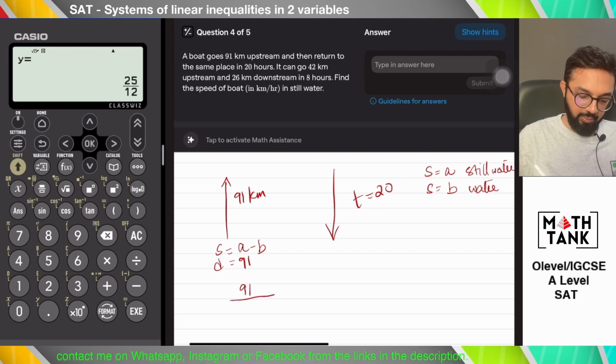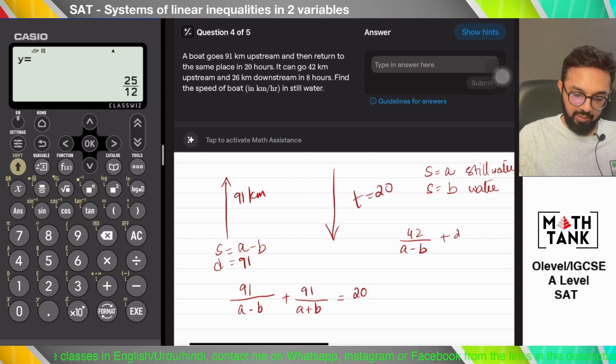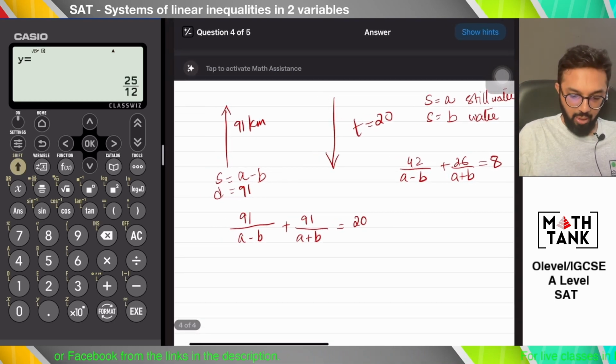So 91 over A minus B plus 91 over A plus B. I'm returning to my initial position, which means that I'm traveling downstream, and that equals 20 hours. If it can go 42 kilometers upstream and 26 kilometers downstream, it takes 8 hours. Find the speed of the boat in still water. Now I have to find the value of A.